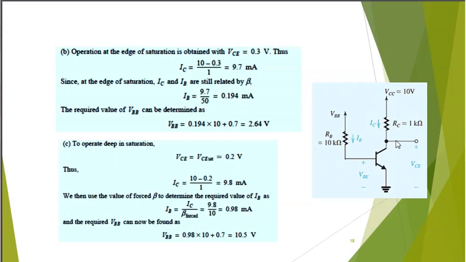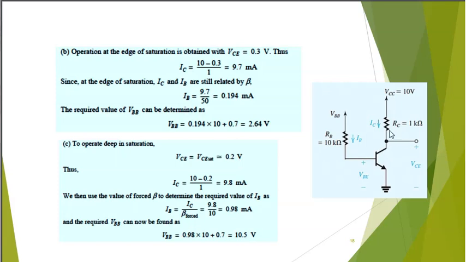If your VCE turned out to be negative, it means that your assumption was wrong. So you are not in the active mode, you are in the saturation. You will say, okay, we're sorry, VCE is a known value now. VCE is 0.2. So I'm going to redo the solution.